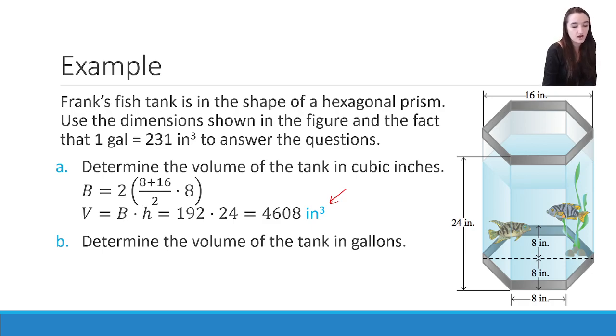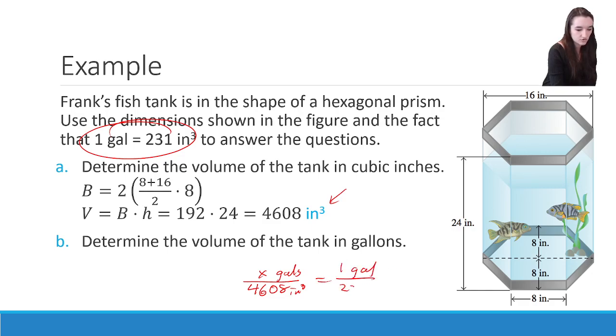Now to determine the volume of the tank in gallons, we need to remember we have a proportion. So 1 gallon is 231 cubic inches. So we can make a proportion once again and say, well, X gallons is 4,608 cubic inches, when we know that 1 gallon is 231 cubic inches.